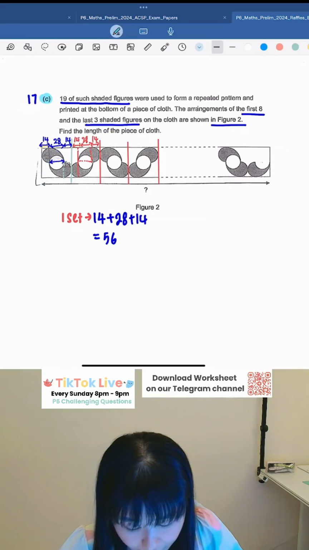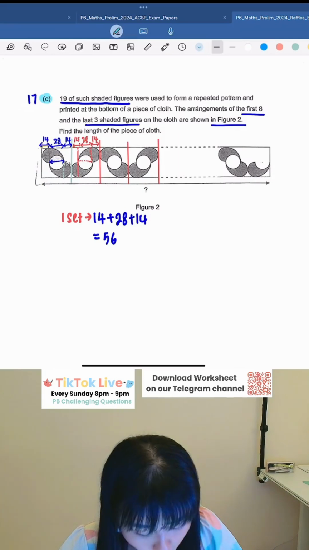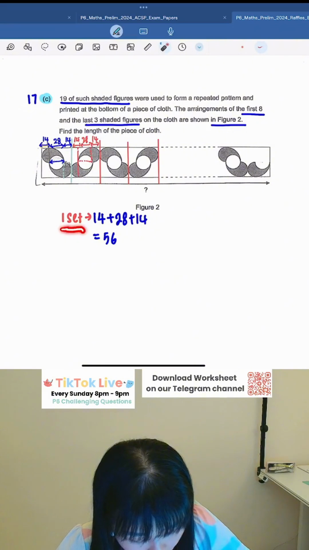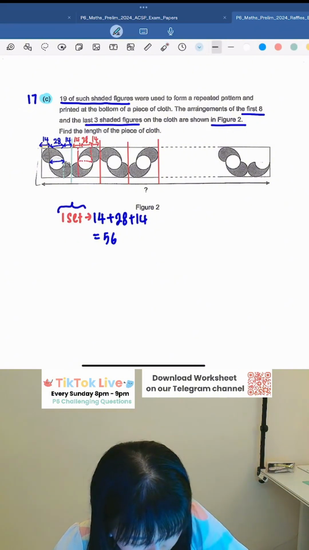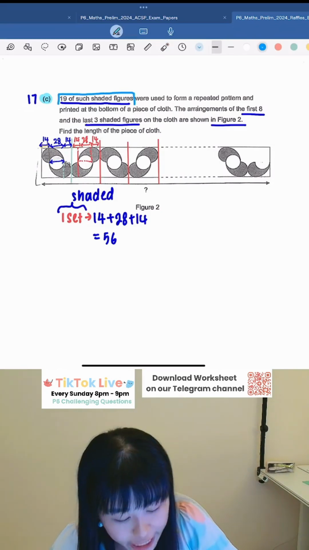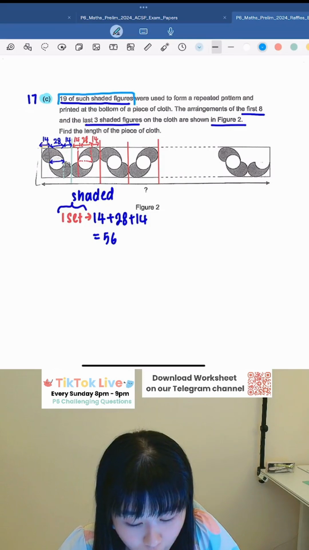In your one set, I want you to think, how many shaded are there? Why do I want you to think how many shaded are there? Because they give us 19 of such shaded figures.